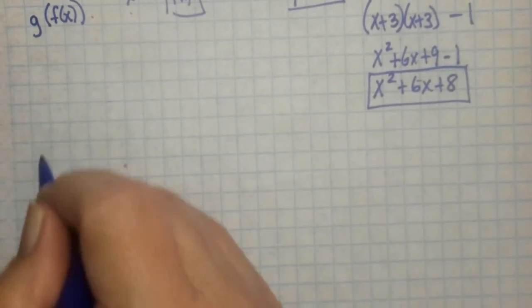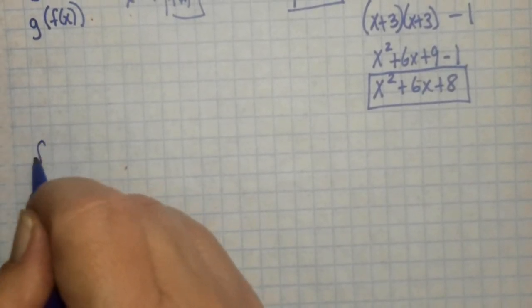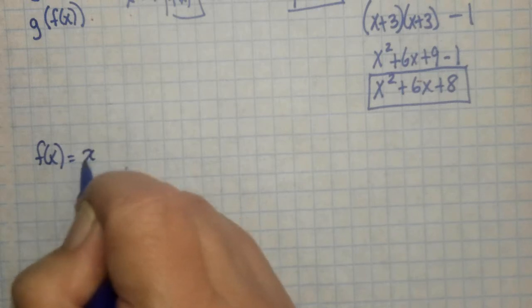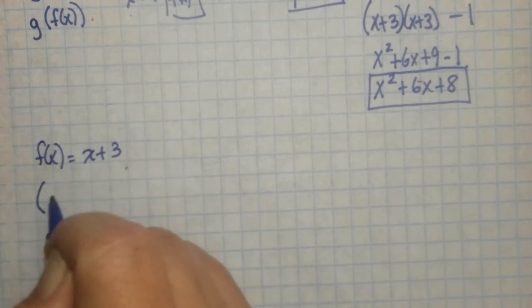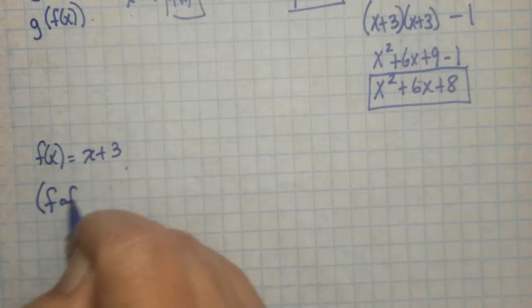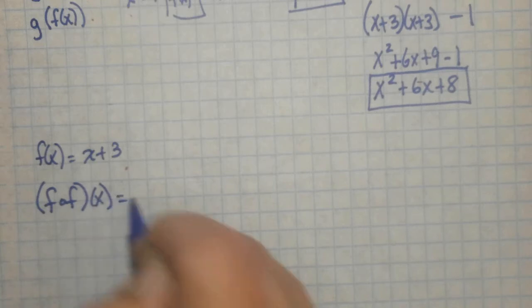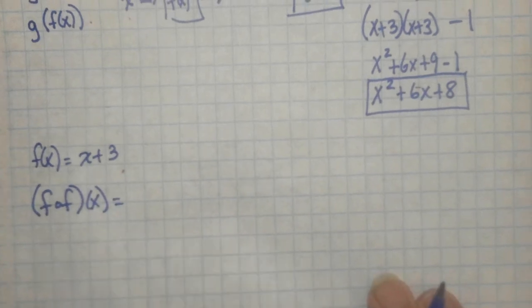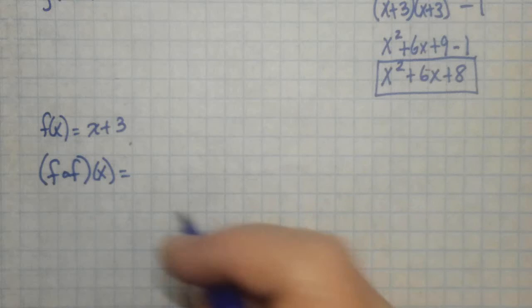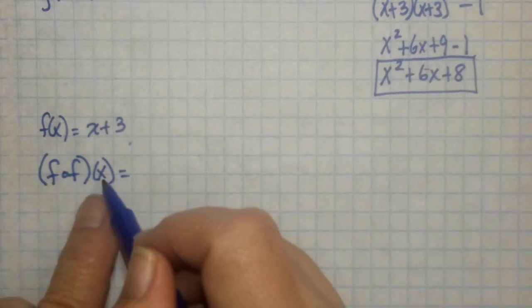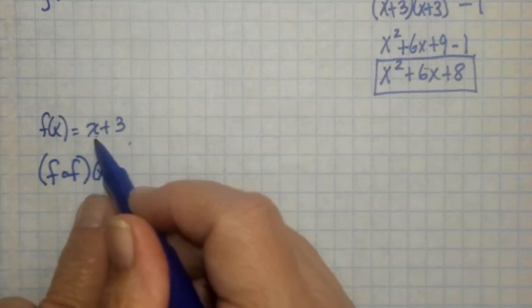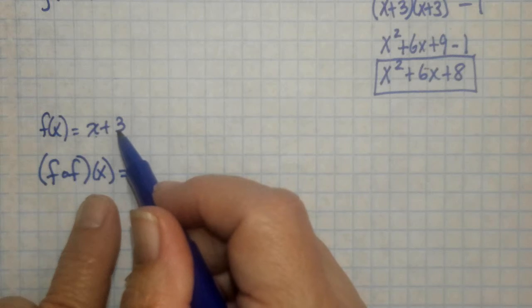So, I'm just going to rewrite f of x here so I can see it. So, f of x is x plus 3. So, if I did f composed with f of x, take the input of x, plug it in here, you get x plus 3 for your output.